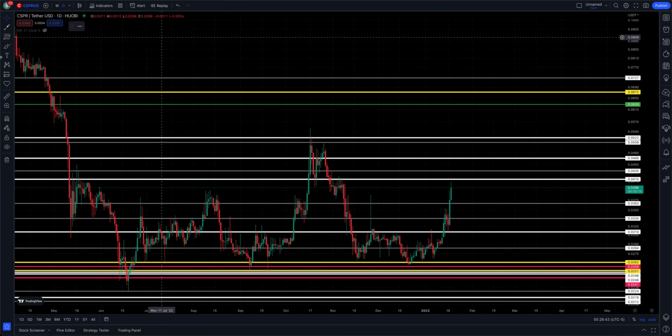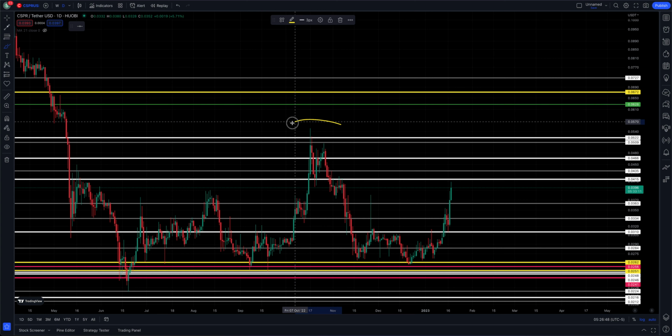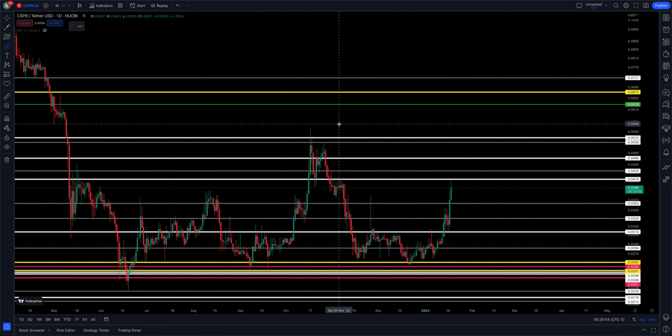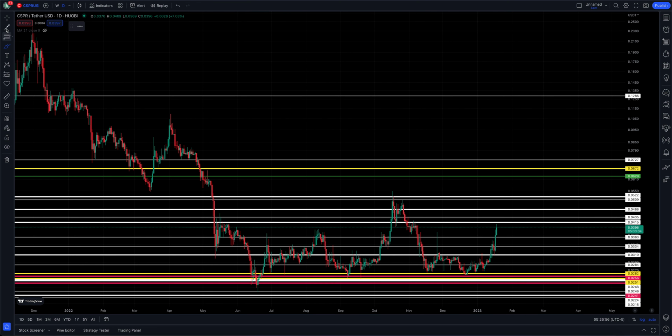We are approaching this area up in here. Some overhead resistance. That is the last major swing high as well. Guys, if we break that, and I do believe we will at some point, of course, market accommodating, we are into some uncharted territory in a long time.